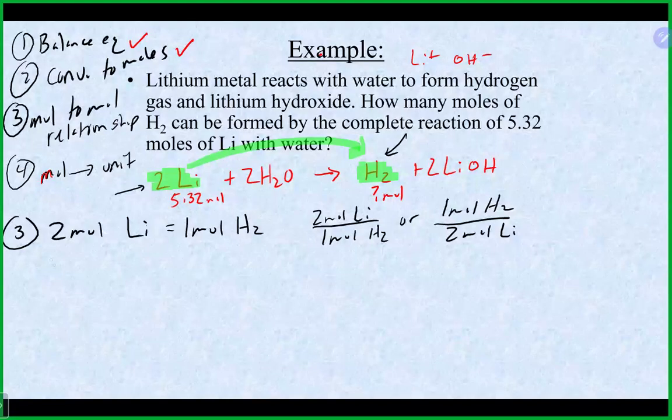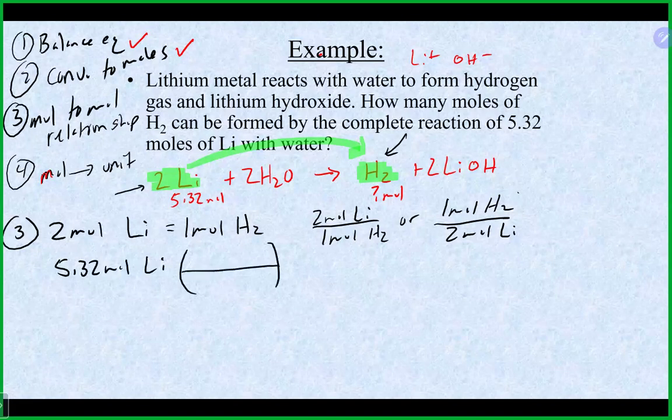So starting with our moles that we have, 5.32 moles of lithium. Remember, we want to get rid of lithium, so we want lithium in the opposite location, which means we want to use this conversion factor here. That's going to put the lithium on the bottom and put the hydrogen up on top, which is what we're looking for.